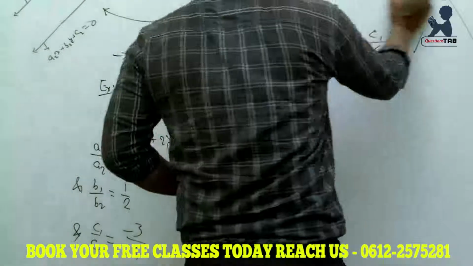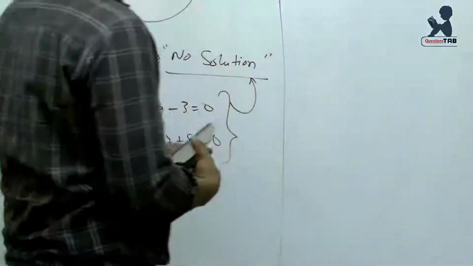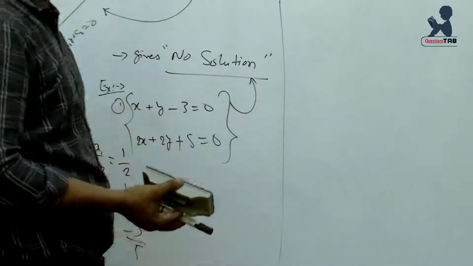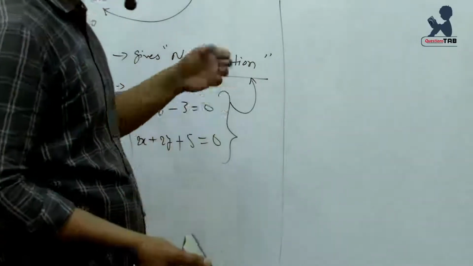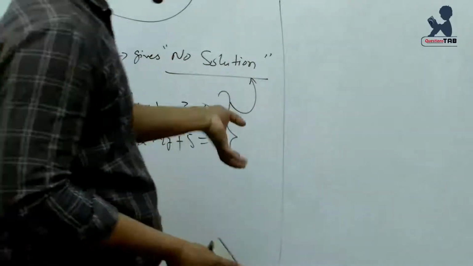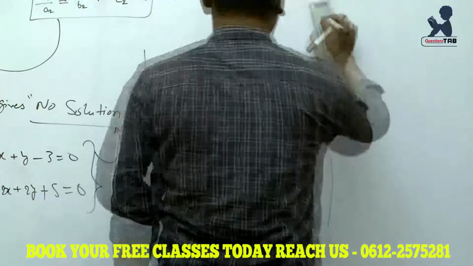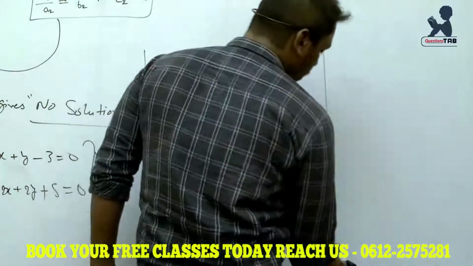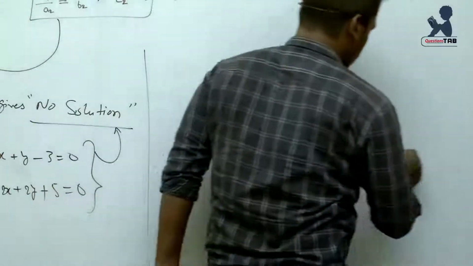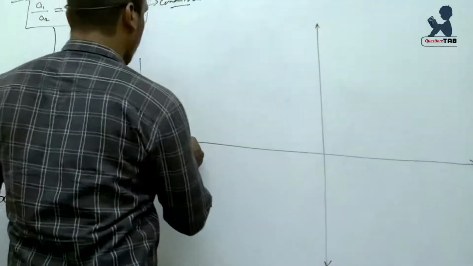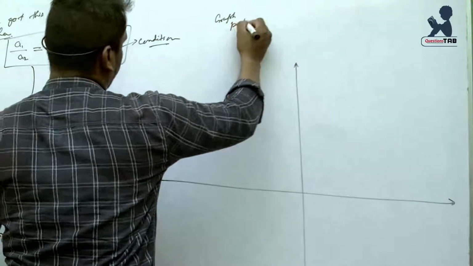So let's draw these lines on the graph and check whether we find no solution or some specific solution. First make the number line, and again remember that you must make the lines on graph paper.